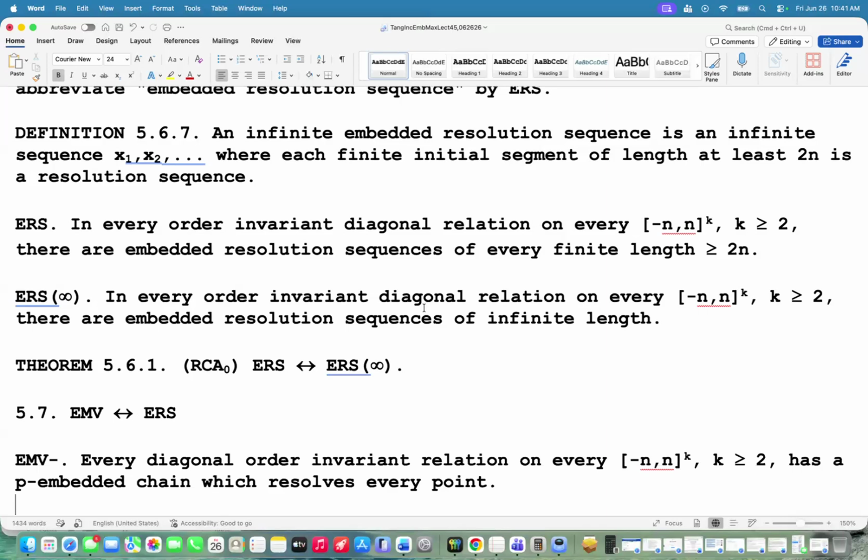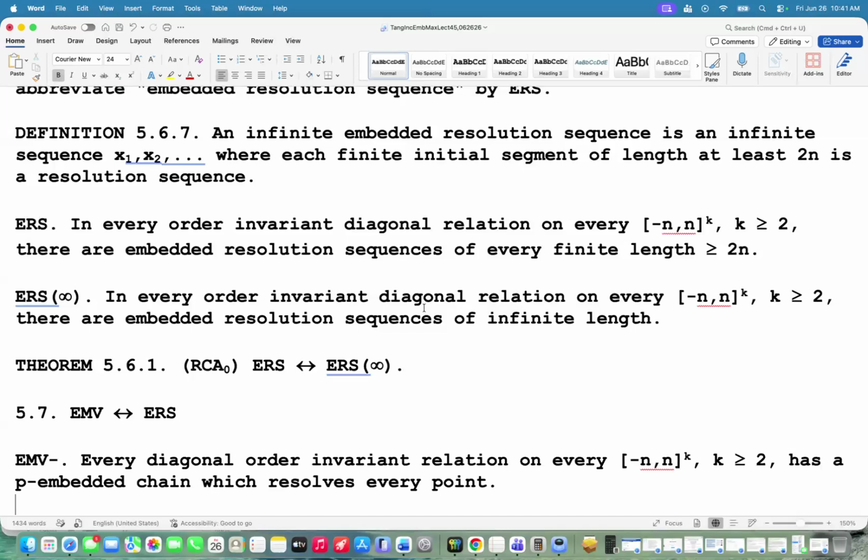Well, it's not quite a maximal chain, because the effective domain is not necessarily all of Q minus n. You may have gaps.